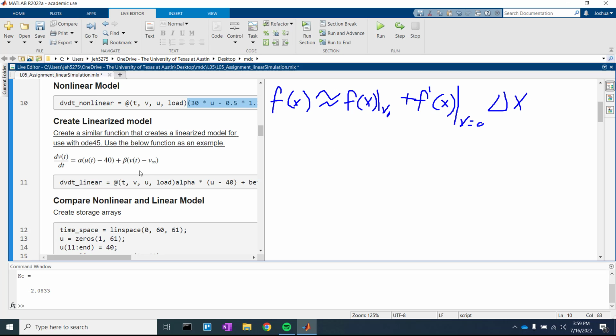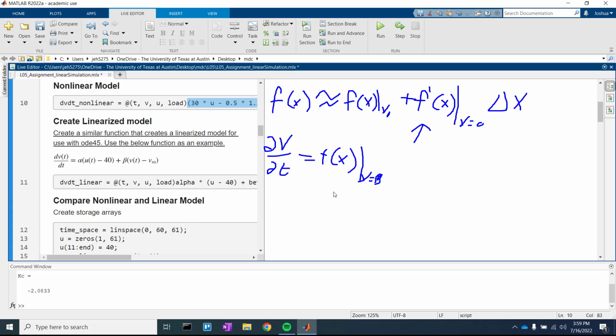Now, what we're going to do with this system is we're going to have some velocity balance, so dv dt is equal to some function. We're going to have two of these now. So we're going to have some function that's a function of, first, f of x at x equals 0, or x equals the steady state values. So let's think of this actually instead of that. So let's go back.